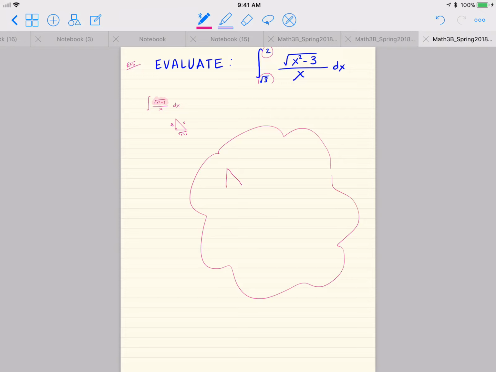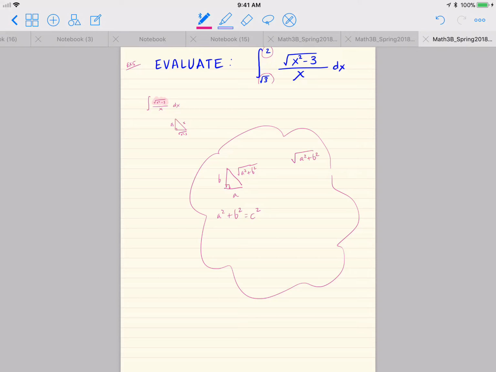Okay, so I know that if I have a triangle, this is A, this is B, this is C. I know that A squared plus B squared is equal to C squared, right? Now, this square root of x squared minus 3 can't be a hypotenuse, because a hypotenuse looks like the square root of a squared plus b squared, right? Does that make sense?